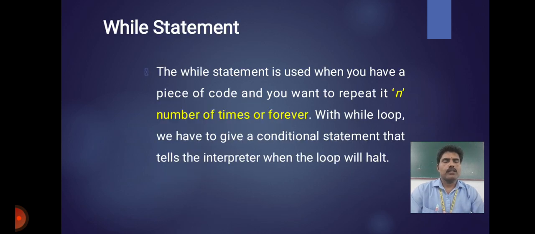Now the next statement is while. So what is the while statement? The if, elif and else statements are used for true and false conditions, whereas the while statement is used to run code n number of times, or for reusing code.